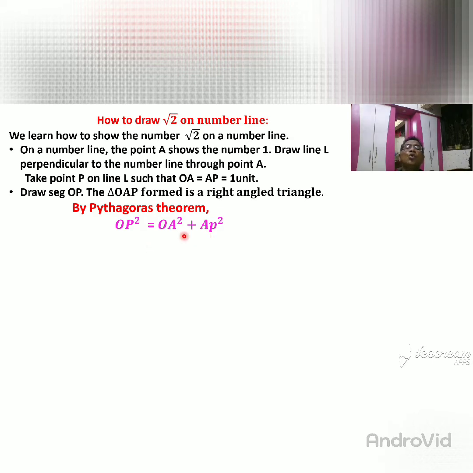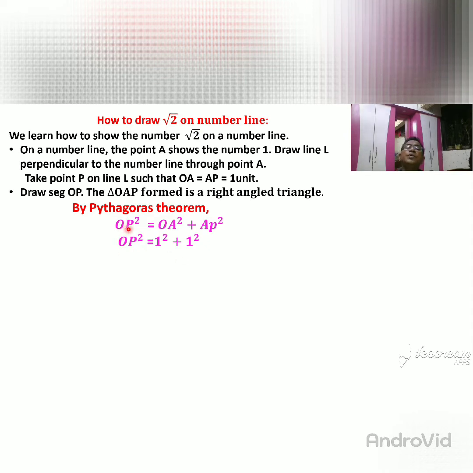See, OA is equal to 1, AP is equal to 1, so substitute the values here. OA 1 square plus sign, AP 1 square. But some of the students don't know the Pythagoras theorem. So what is the Pythagoras theorem? See, this is the hypotenuse.